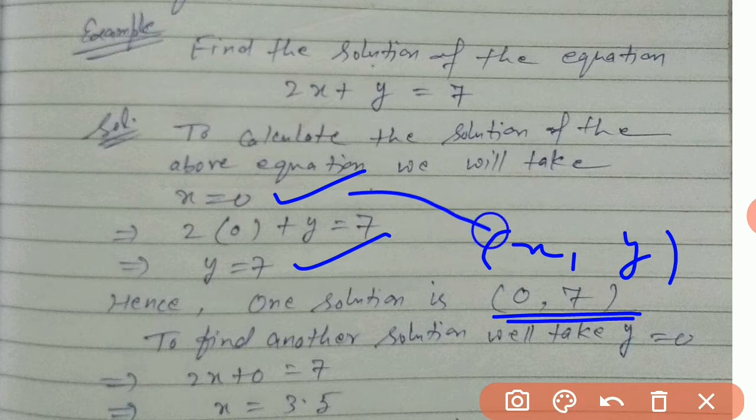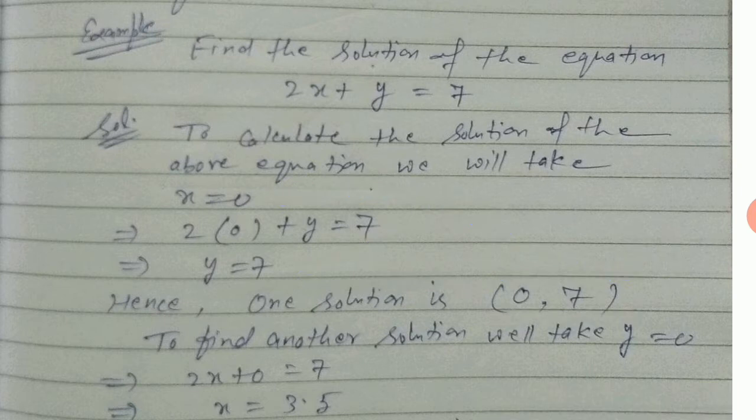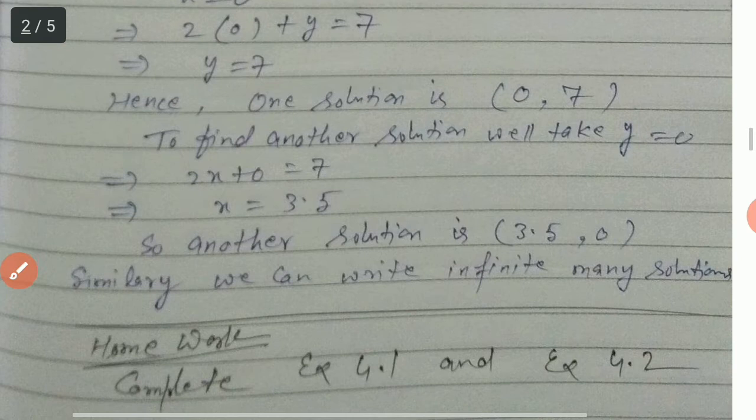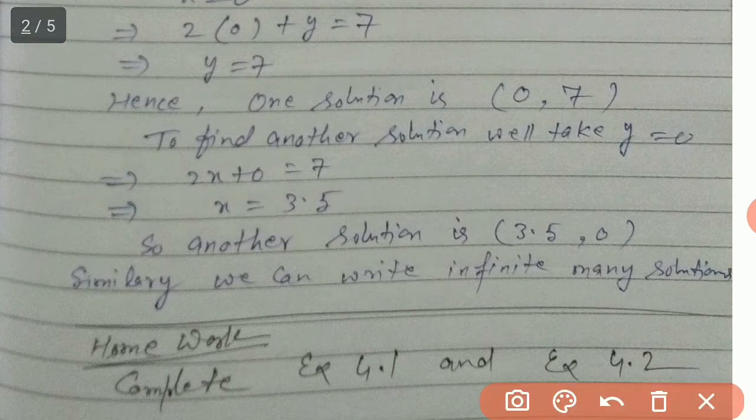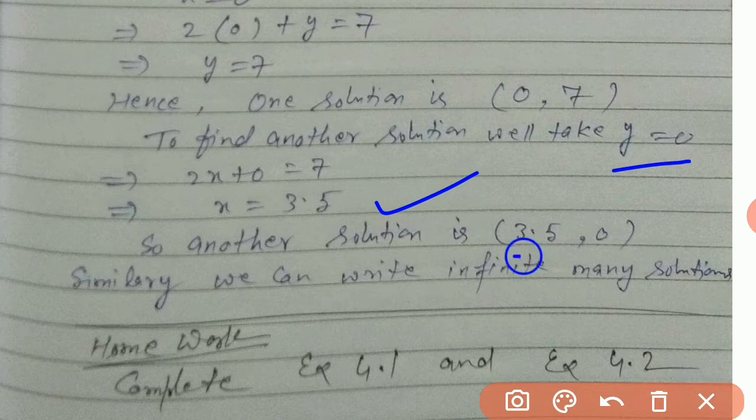Firstly we write the value of x and then the value of y. So 0 and 7 is a solution of this equation. There will be infinite number of solutions for this equation. If we put y equal to 0 in the above equation, then we get x equal to 3.5. So 3.5 and 0 is a solution of the above equation.